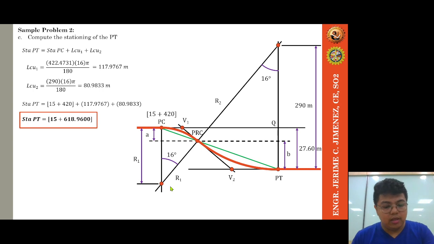Wait, let me check na. Yeah, Friday next week na. So not April 12 muna, no? Since yung week ng April 8 to 12, I'll be posting also the recording. Magre-record ako for the spiral curvature naman. Spiral curve naman tayo.